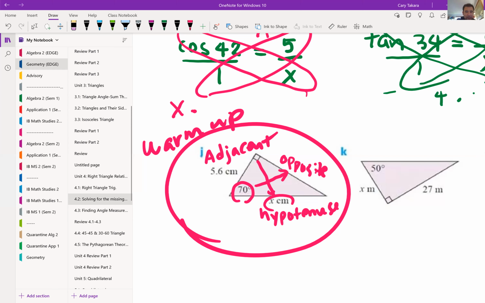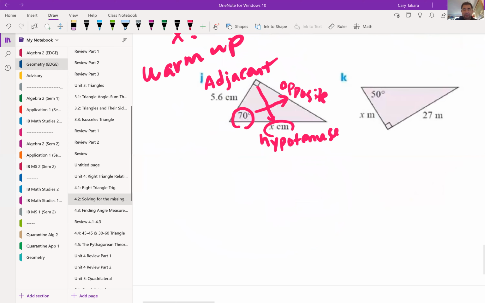Now we are going to set up an equation. To do that, you have to know SOHCAHTOA. Can all of you spell SOHCAHTOA? Do you want to show me in the chat how you spell SOHCAHTOA? Very good. Anybody else?